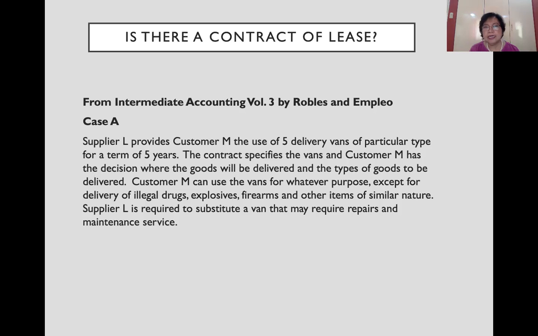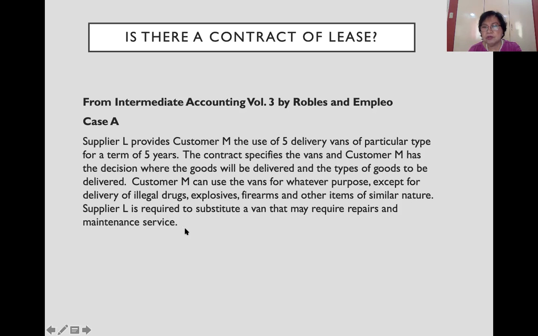So case A, supplier L provides customer M the use of 5 delivery vans of particular type for a term of 5 years. The contract specifies the vans, therefore they are enumerated in the contract, and customer M has the decision where the goods will be delivered and the types of goods to be delivered.